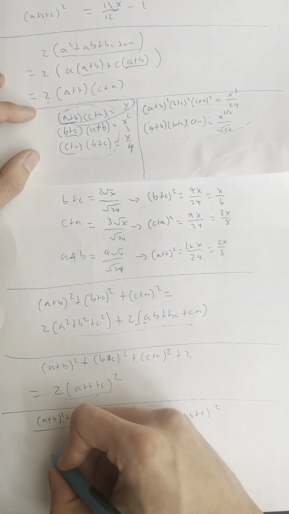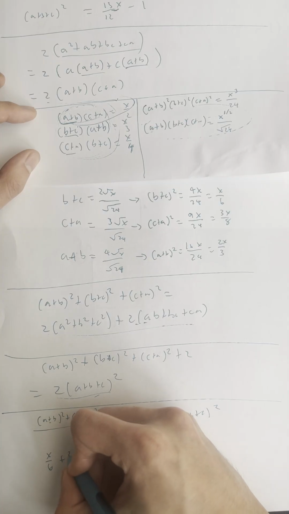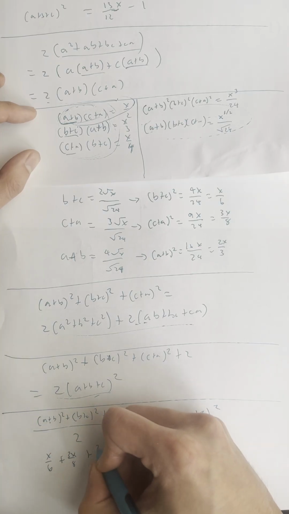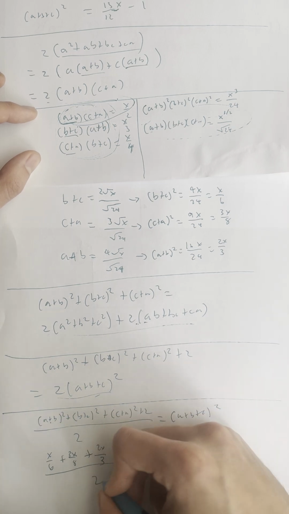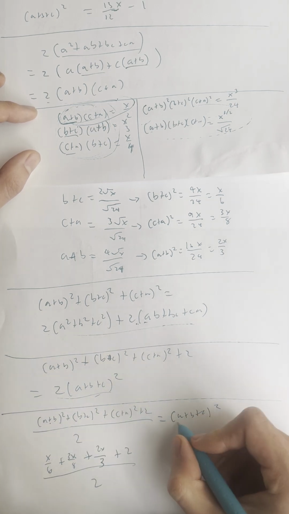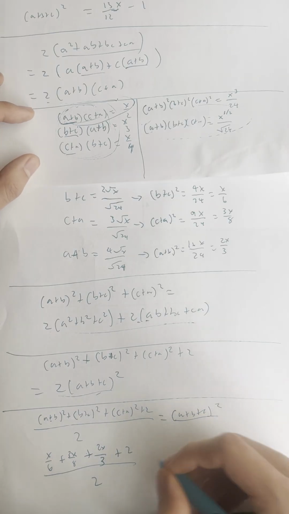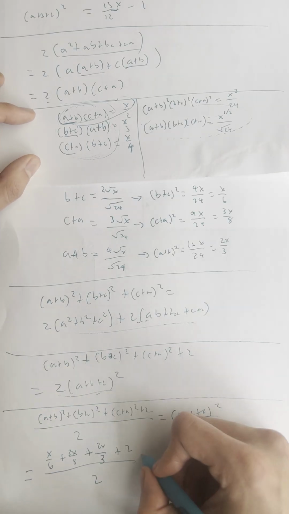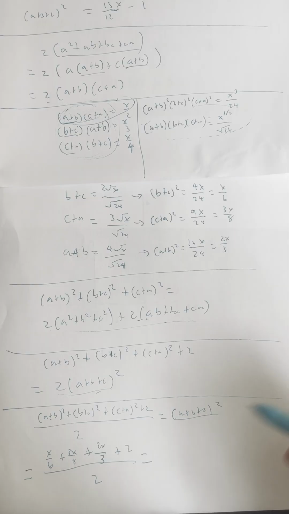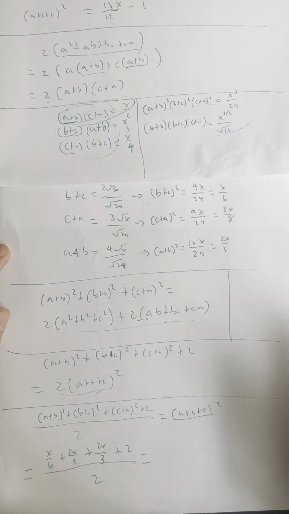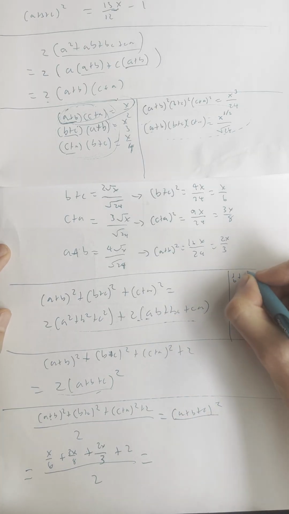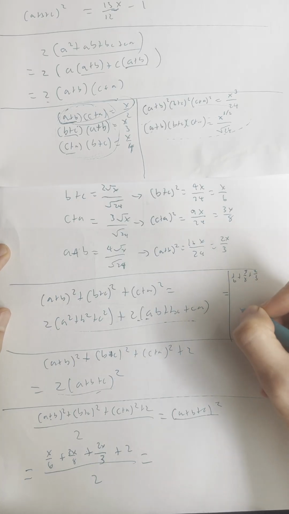So this is going to be x over 6 plus 3x over 8 plus 2x over 3, plus 2 over 2, is equal to this. We need to add these fractions, but be careful. 1/6 plus 3/8 plus 2/3, that's equal to how much?